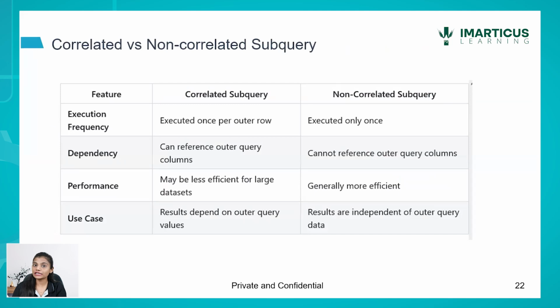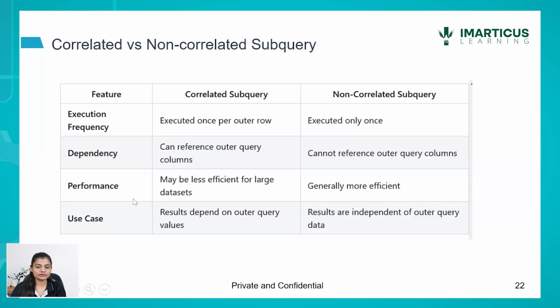Imagine we have 10 outcomes in the outer query, so the inner query is going to execute 10 times, computed for each row. Now a non-correlated subquery will be executed only once. For example, if I want to find salaries greater than the average, it will execute once, give me the average, and it will be used by the outer query to generate the result set.